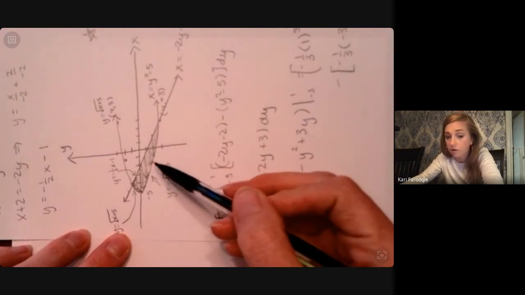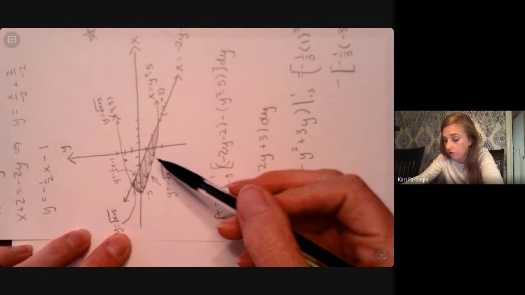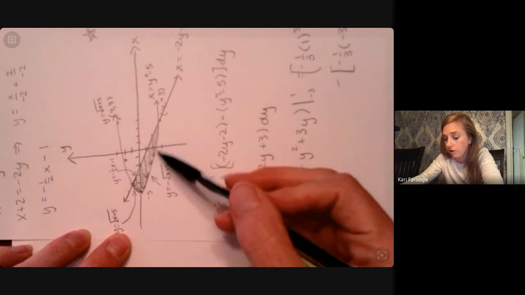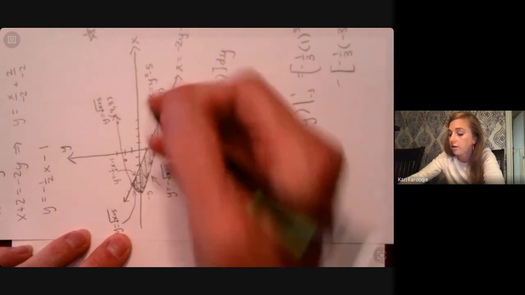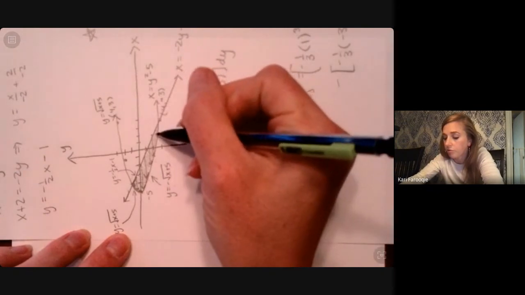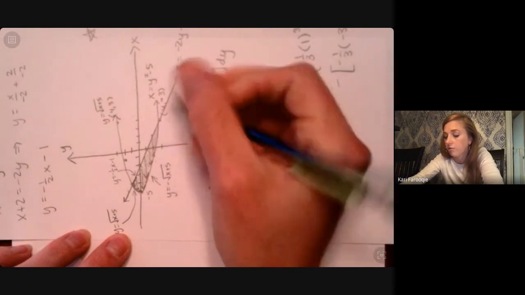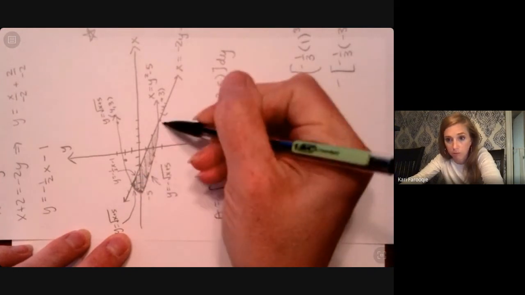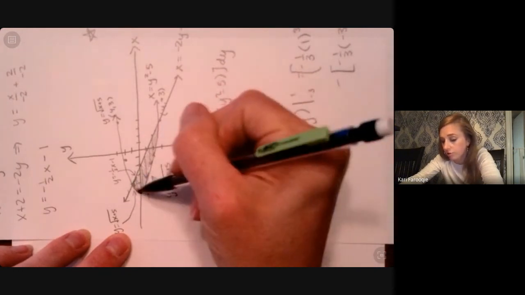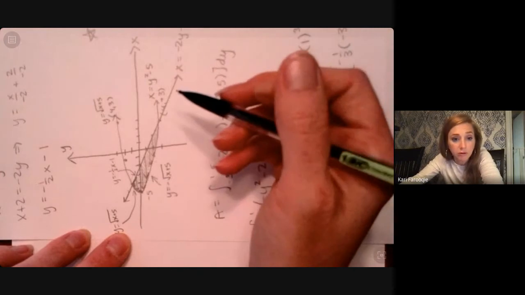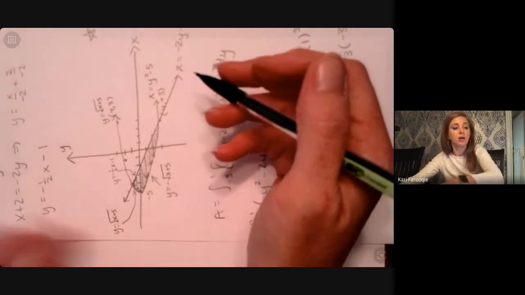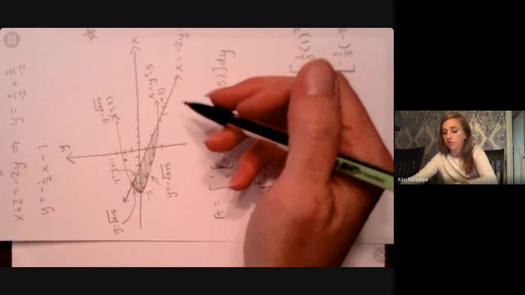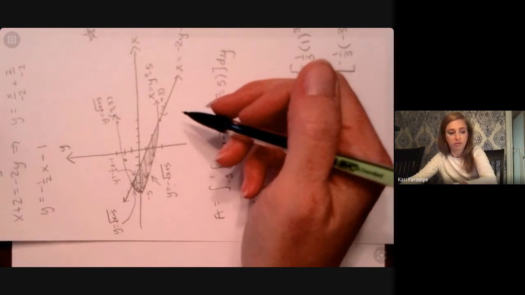You're still going to have to integrate this with respect to y, but I think it helps you see which function is always on top versus which is always on the bottom. That just looks clearer, and maybe for different graphs it's different, but in this particular instance that would be my suggestion.